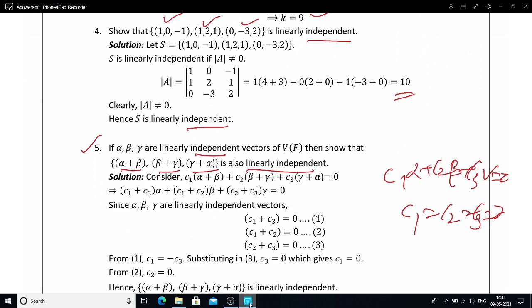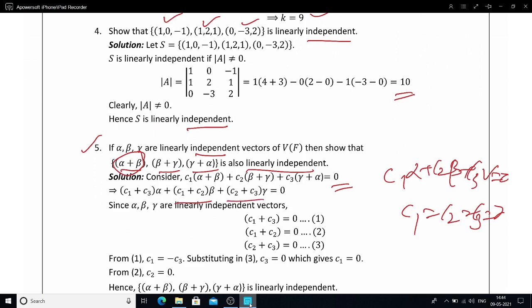To prove this, we have to form a linear combination and equate it to 0. For that, we have to multiply each vector by a scalar. I will multiply alpha plus beta by C1, beta plus gamma by C2, and gamma plus alpha by C3, and sum. Next step is grouping. The coefficient of alpha is C1 plus C3, the coefficient of beta is C1 plus C2, and the coefficient of gamma is C2 plus C3.